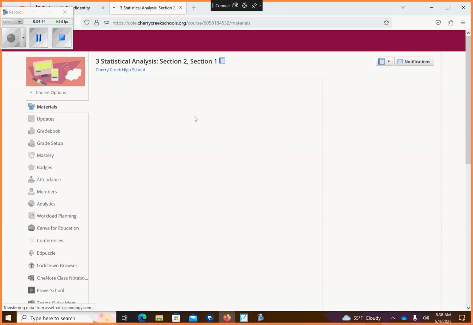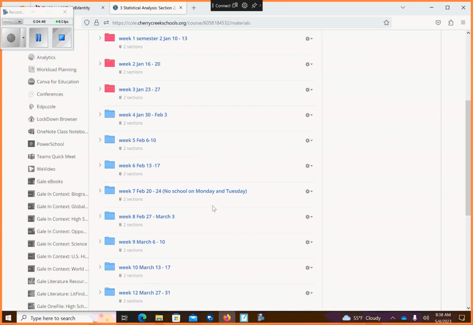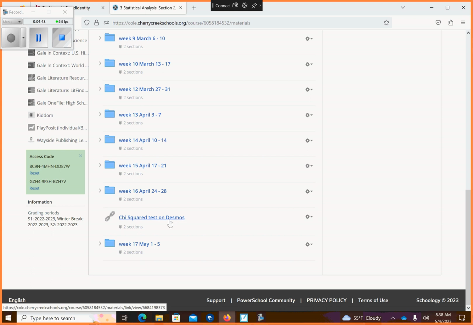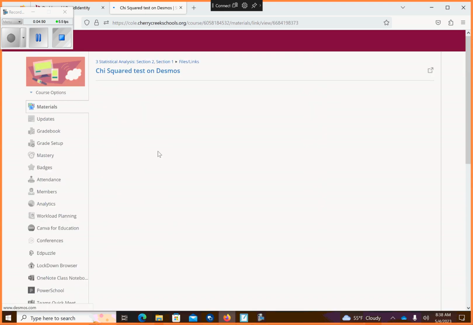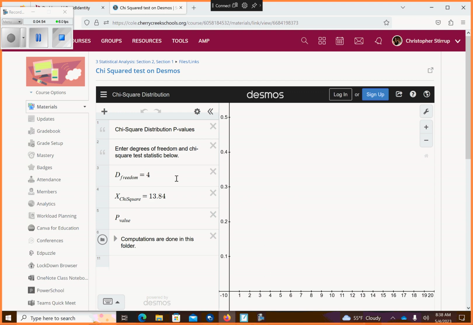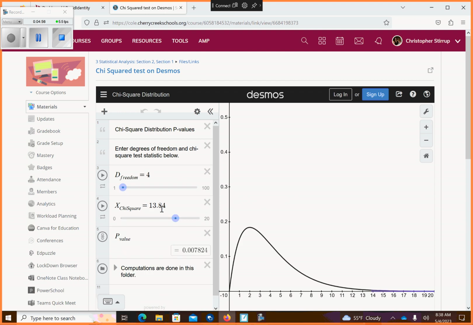And then we go to the chi-squared calculator. We said degrees of freedom was 4, and the chi-squared is going to be 2.